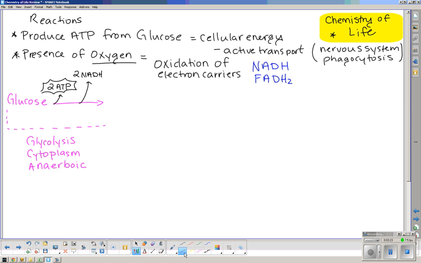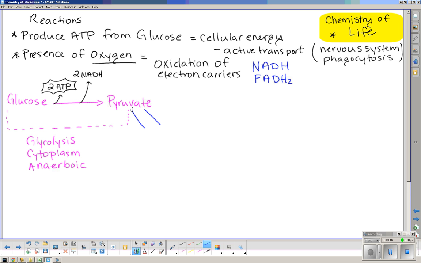What comes out of a glycolysis reaction is a 3-carbon sugar called pyruvate. Pyruvate is a toxic molecule. So there are two things that can happen here. This toxicity means that pyruvate needs to be removed immediately.